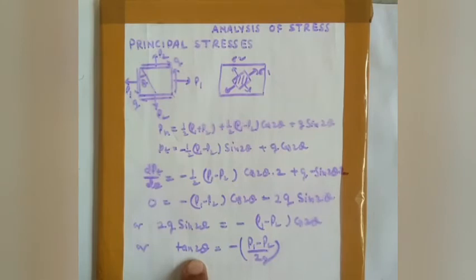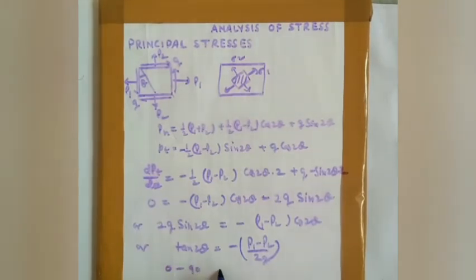This gives two values of theta. One is between 0 to 90 degree and other is between 90 to 180 degree.